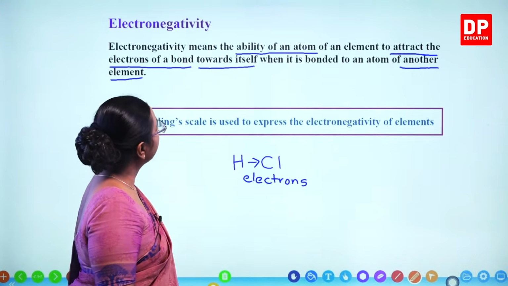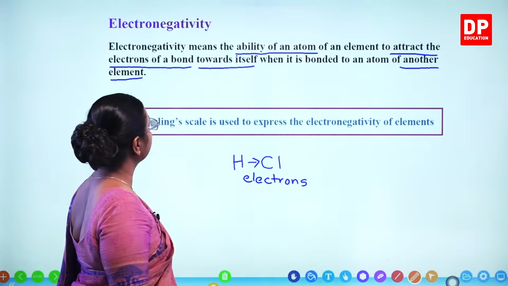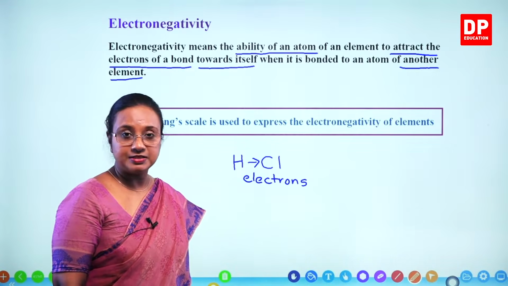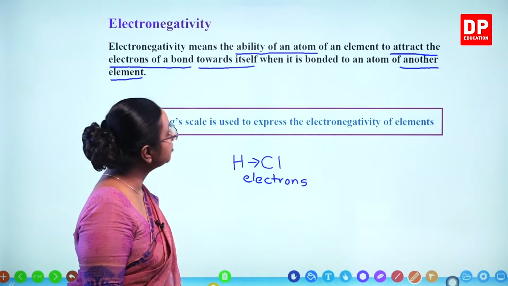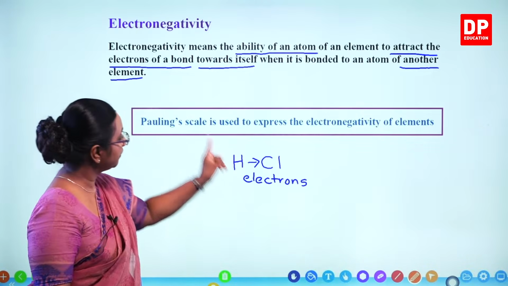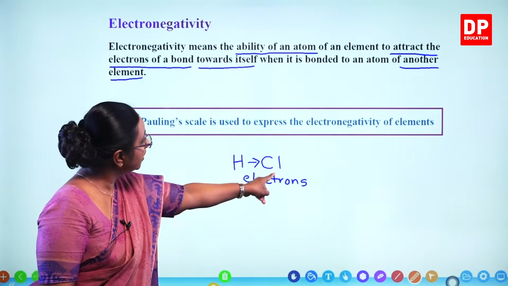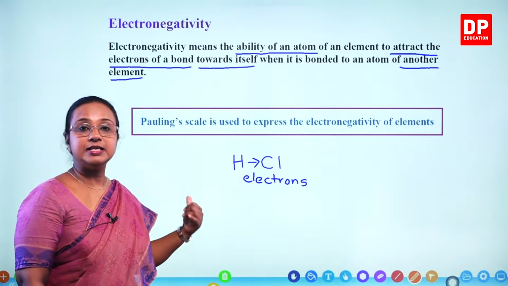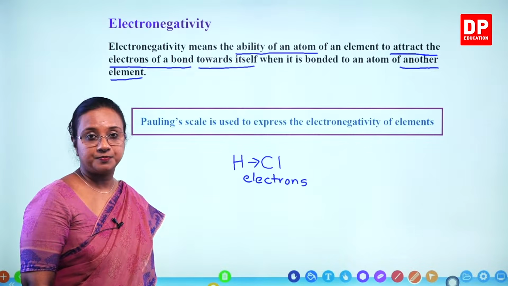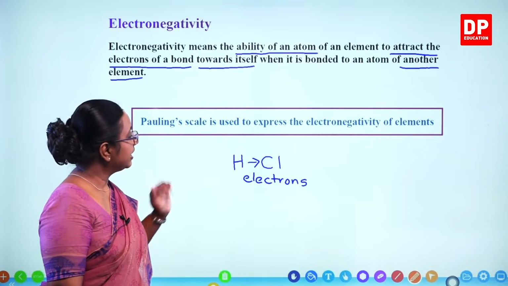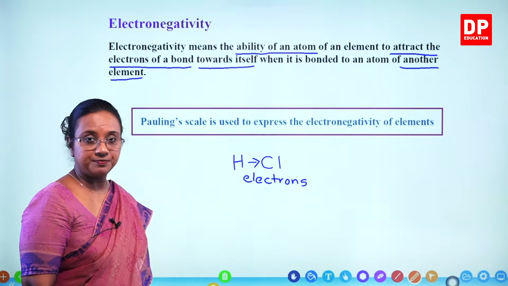So now you can understand the meaning of electronegativity. Chlorine has the ability to attract the electrons of a bond towards itself when it is bonded to a different atom, hydrogen. So that is electronegativity.